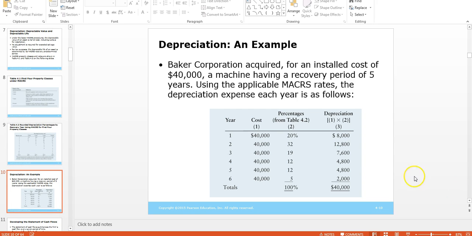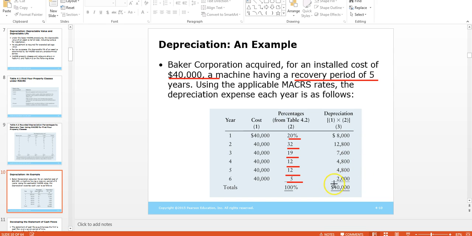So here's an example. Here's the $40,000 machine that we purchased, including the installation, and they tell you it's a 5-year recovery. And you'll notice here's the cost. The first year is 20%, as in the table we saw. Then 32, then 19, then 12, then 12, then 5. So as you can see, if I multiply these, I depreciate it.